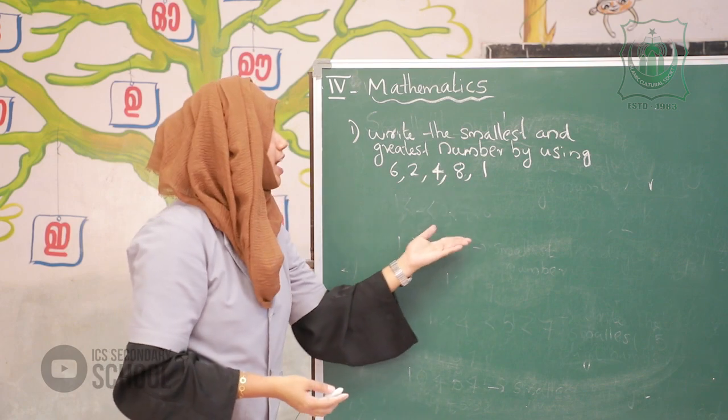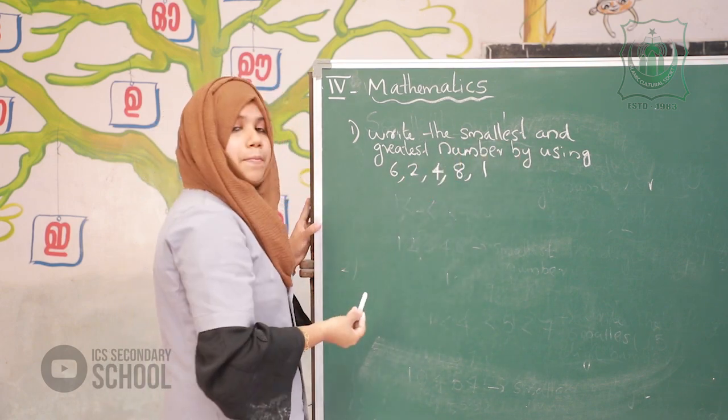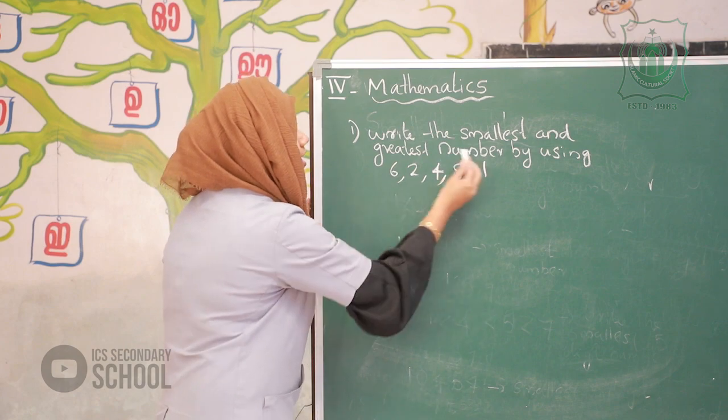So you have to find both the greatest number and the smallest number, and these are the digits.